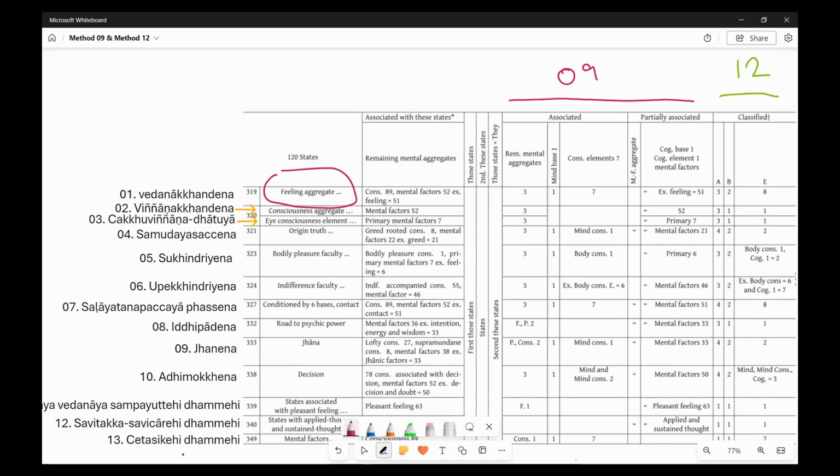We have the feeling aggregate here, so this is the first Ye Dhamma. When you say Tehi Dhammehi Ye Dhamma Sampayutta, it becomes the feeling aggregate itself. So that's why Sayadaw has given here as states. So it will come back to the Sarupa Dhamma itself, the state of inquiry itself.